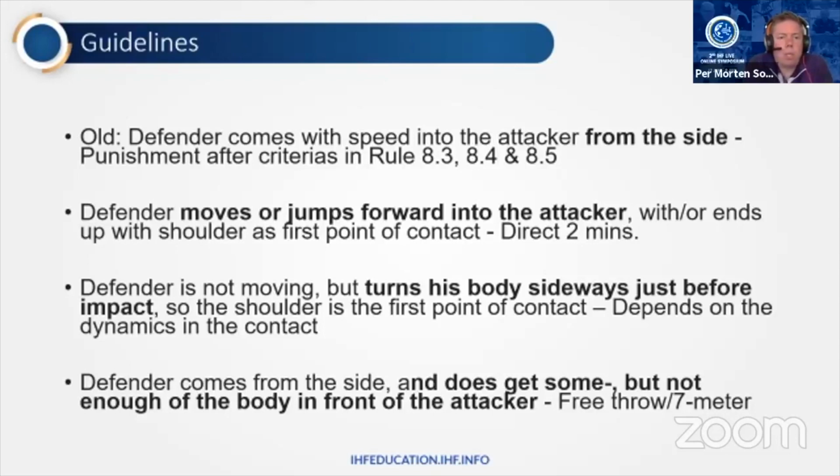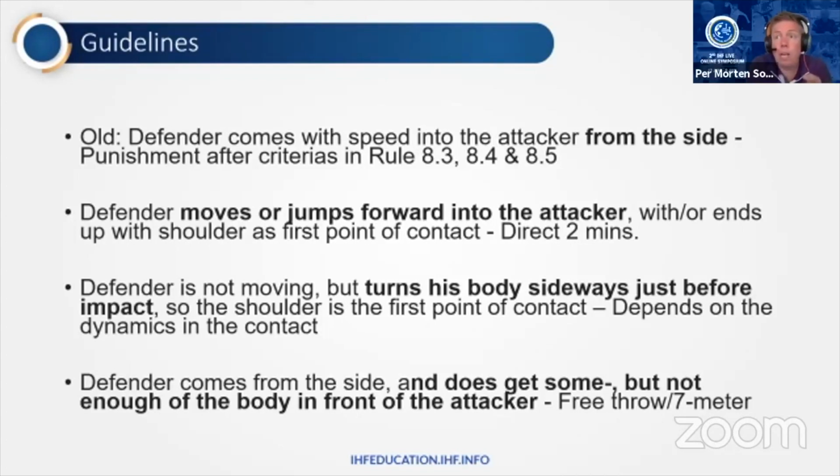If you have a situation where the defender moves or jumps forward into the attacker or ends up with the shoulder as first point of contact and with speed, so it's dynamics in the situation, we go for a direct 2 minutes because this might be dangerous. If the defender is not moving forward, but turns his or her body sideways to protect himself, so the shoulder becomes the first point of contact, of course it also depends on the dynamics of the contact.